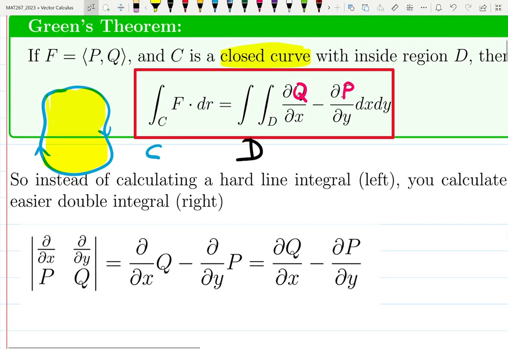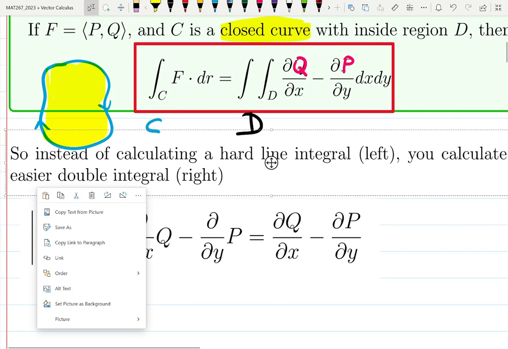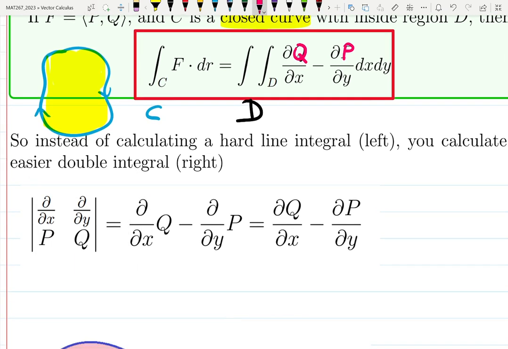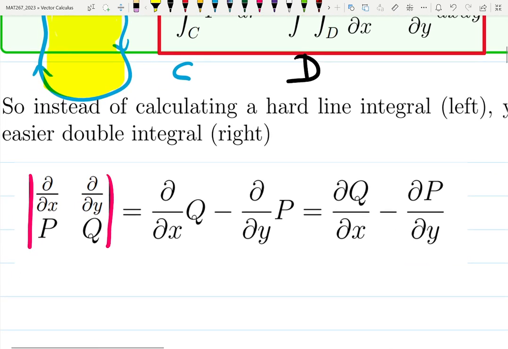Some people just remember this order, Q over X minus P over Y, but actually it comes from the determinant. The determinant looks like this. Now it's ordered nicely. X and P on the left-hand side, Y and Q on the right-hand side.